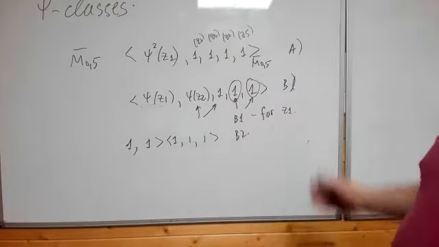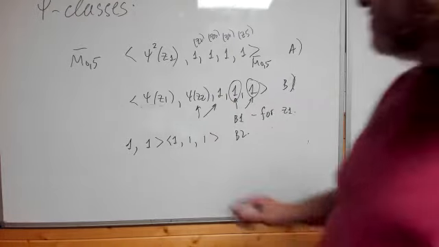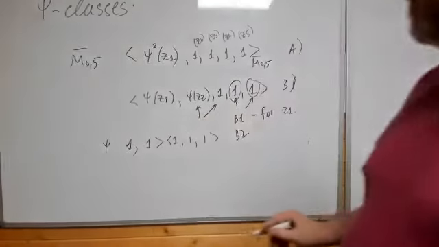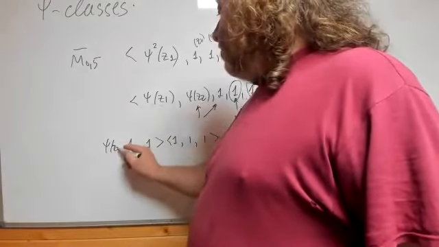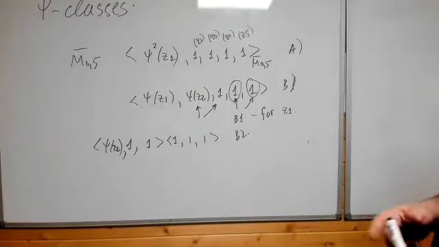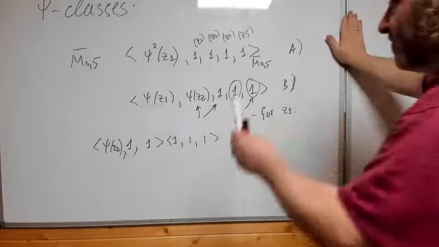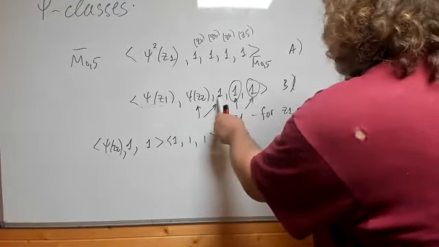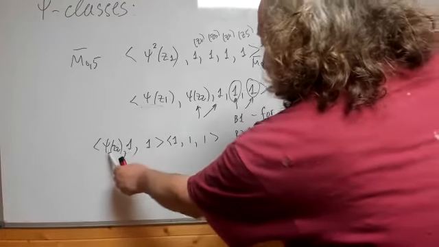So I should have 5 points, yes? And psi is E2. Let me see. One, two, three. 1, 2, 3, 4, 5. And this one.